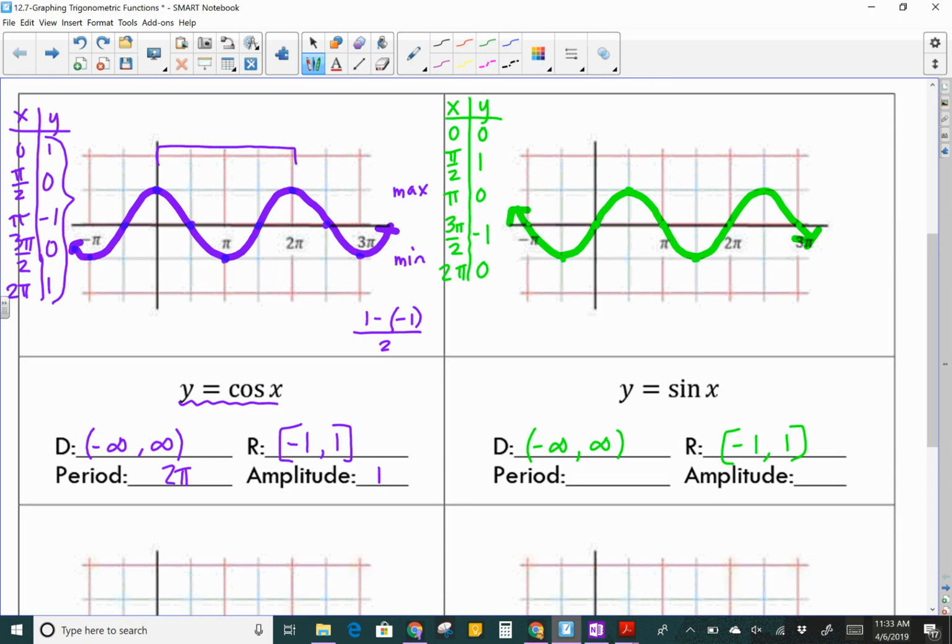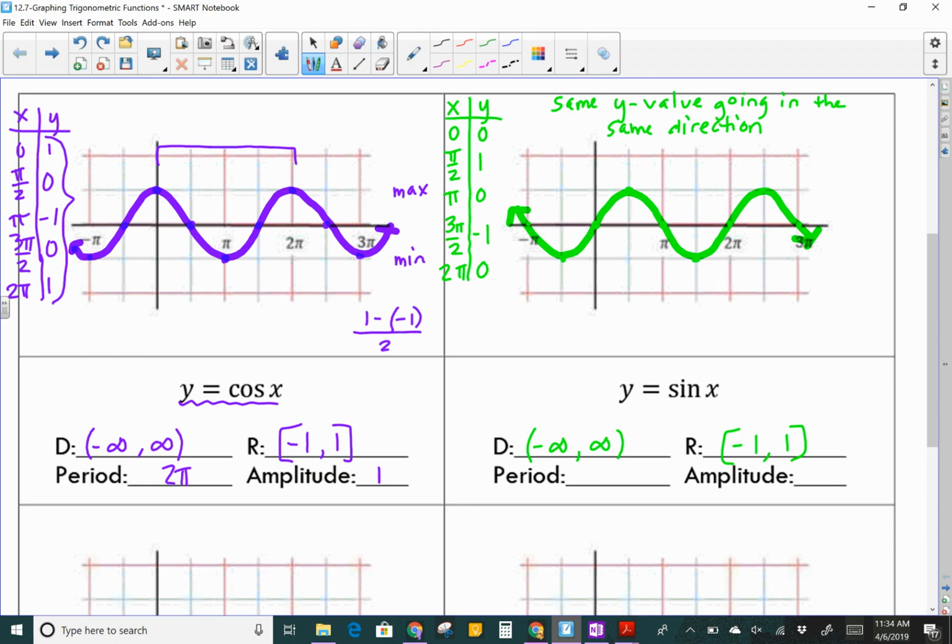When you think about it, you have to get the same y value going in the same direction. So what does that really mean? When you start here at 0, where's the next 0? Well, it's here, but that y value from there is going down, and this one's going up. So I have to keep going and find the next 0, which is right here. So that's why my period is from 0 to 2 pi again.